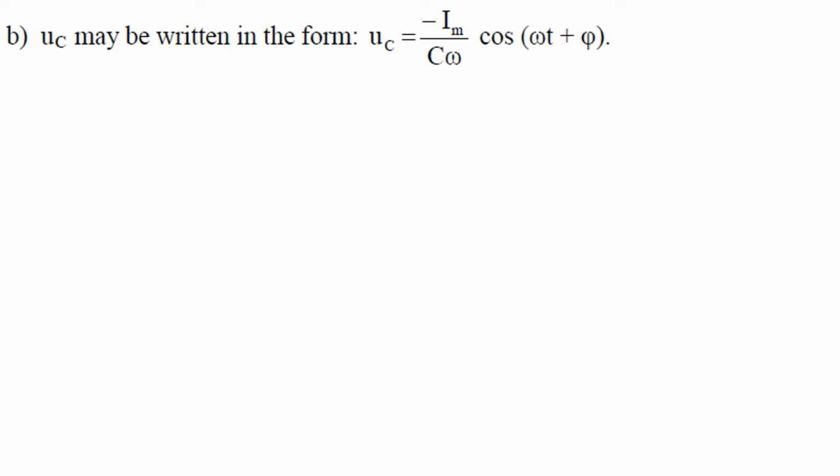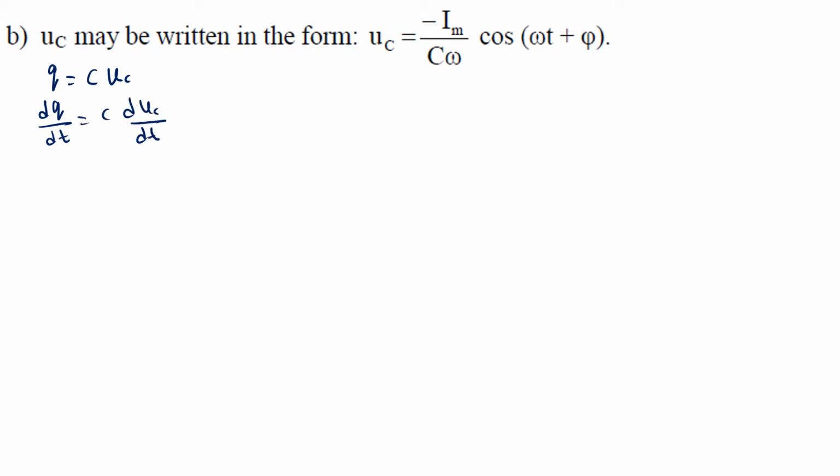Show that UC may be written in this form: UC equals minus Im over C omega cosine omega t plus phi. I will start with the form of Q. Q is equal to C UC. Then dQ by dt is equal to C dUC by dt.